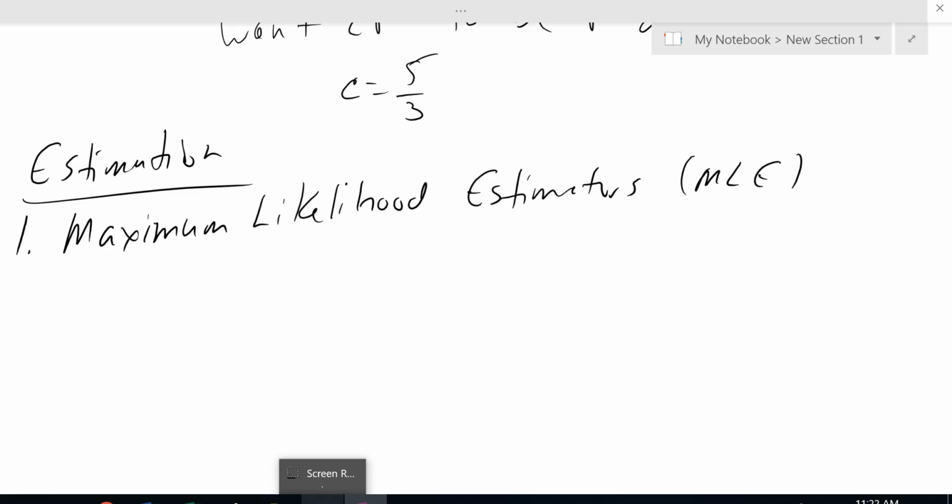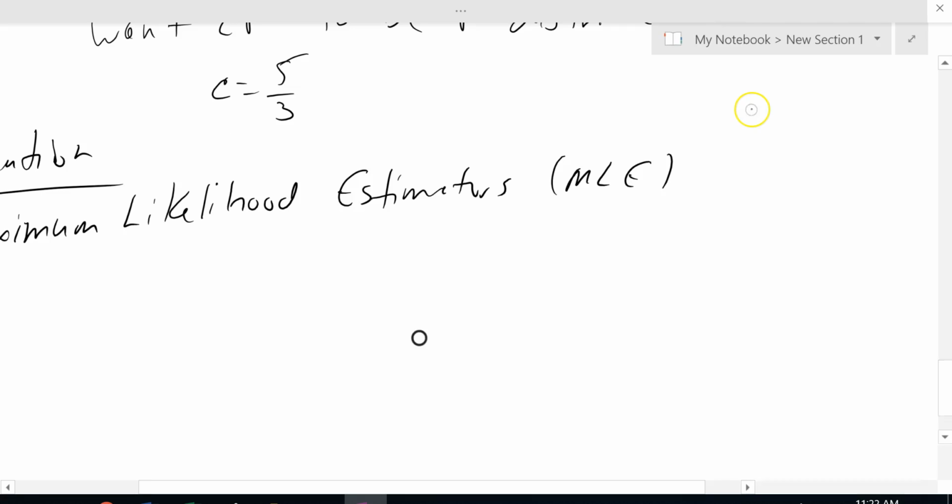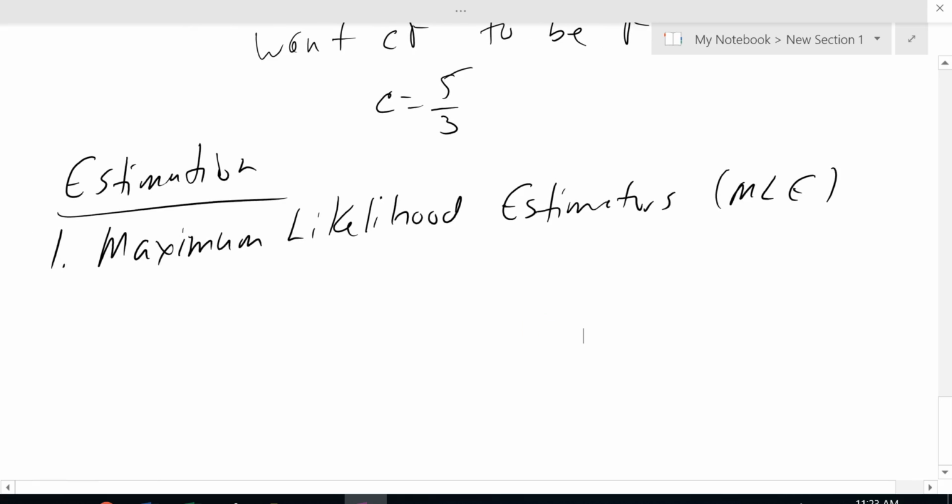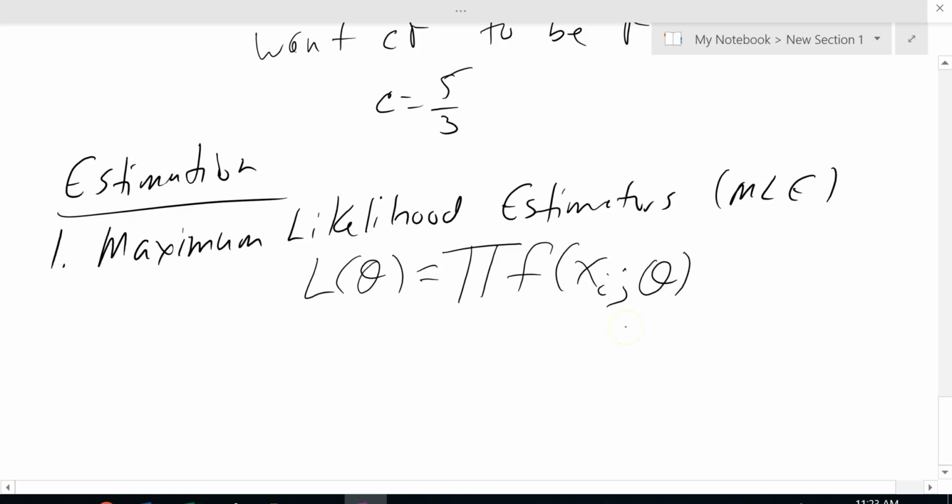Remember what we did? It's interesting recording with pausing all over the place. I don't know why it keeps doing that. Anyway, see what happens. Remember your maximum likelihood estimators are where we took the likelihood function of whatever the parameter is, right? The likelihood function is the product of your PDF evaluated at some sample that's in terms of the parameter theta.